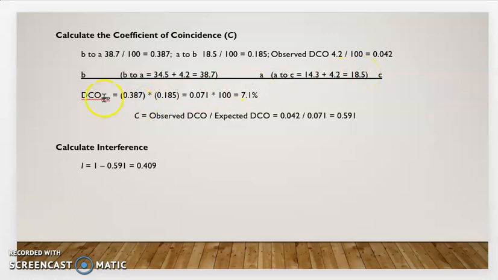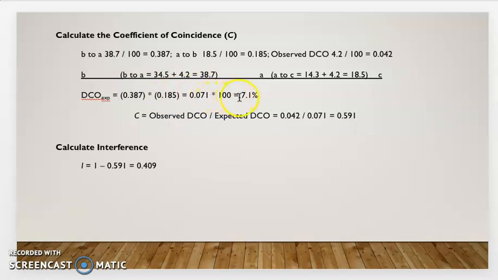Now, in order to determine the expected double crossover groupings, we need to convert this to decimal form. And we see we have basically taken out the step of multiplying by 100 and left it in decimal form. And so we will multiply 0.387 times 0.185, which equals 0.071.